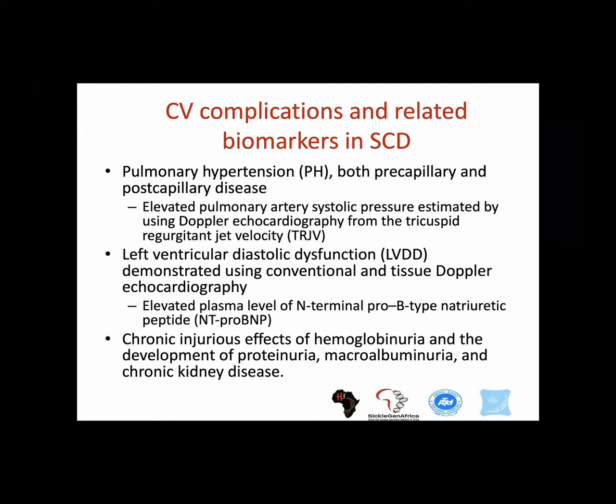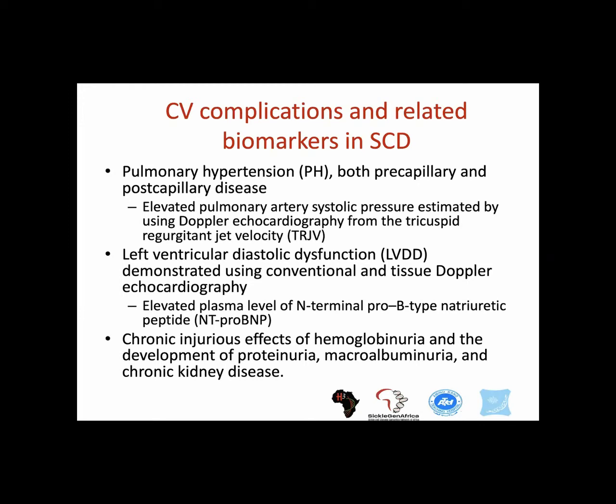So the cardiovascular complications that we see, when you classify them broadly, are either pulmonary hypertension or LV dysfunction, that's left ventricular dysfunction. And we use some biomarkers to identify these patients.